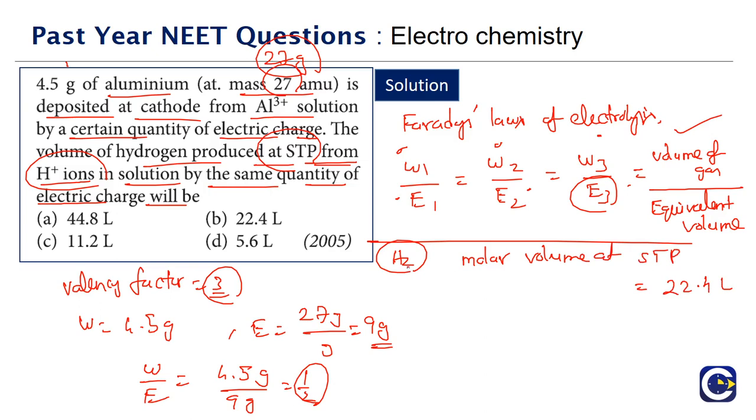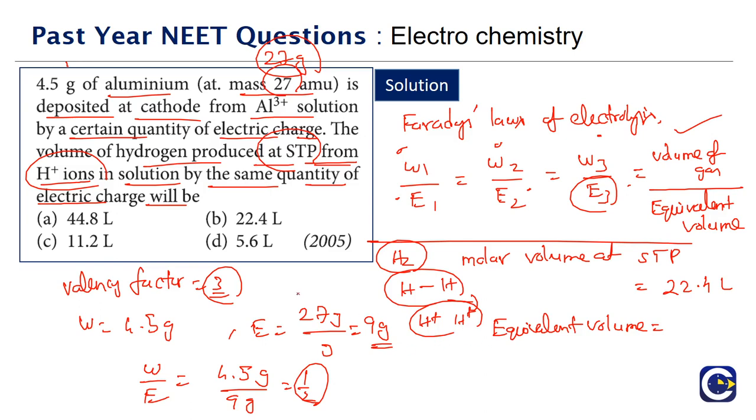For H2, the hydrogens are coming from H+ ions. If you look at the solution, each of these hydrogens will be existing as 2 H+ ions. Means they are exchanging 2 units of charge to become H2. Like the way we talk in terms of equivalent weight: what is the equivalent weight? The molecular weight divided by the valency factor.